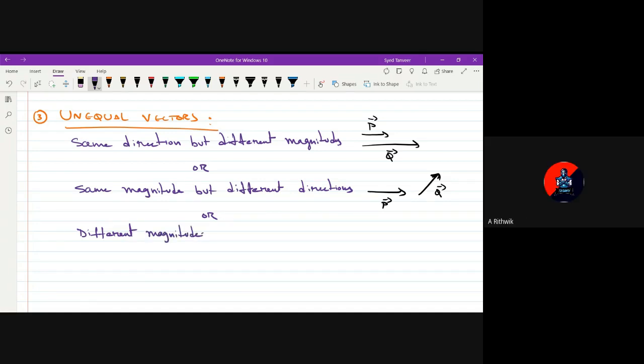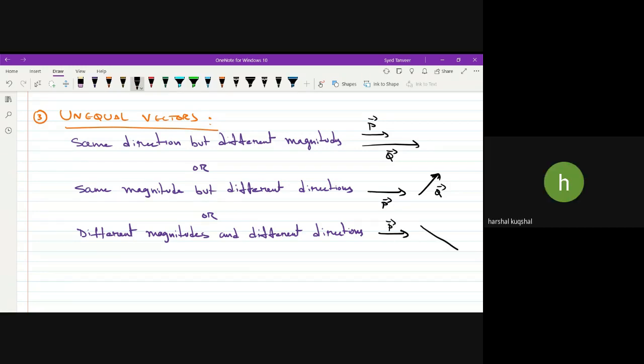Sir, if the direction and magnitude both are different, then what vector is it, sir? That's what I'm writing here. That's why I told you, if you listen till the end, most of your doubts will get clarified automatically. Different magnitudes and different directions. Vector P is this.